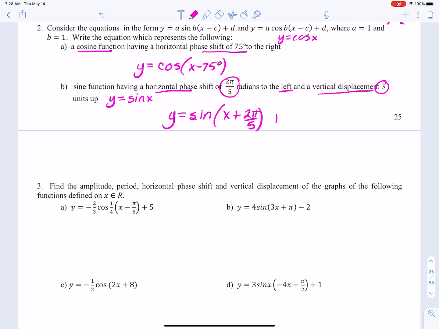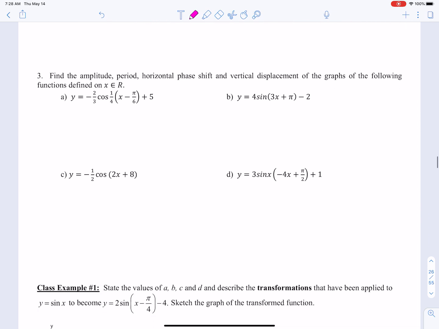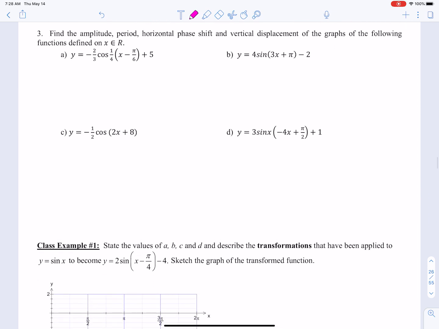And if it's up, we go up 3, so we plus, and if it's to the left, we also indicate that as a plus. All right, I'm going to do two of these, and then I'm going to leave it up to you. I'm going to do A, and I'm going to do C.